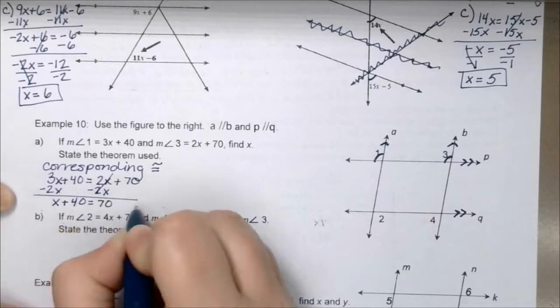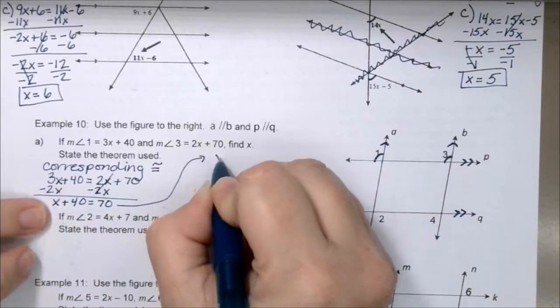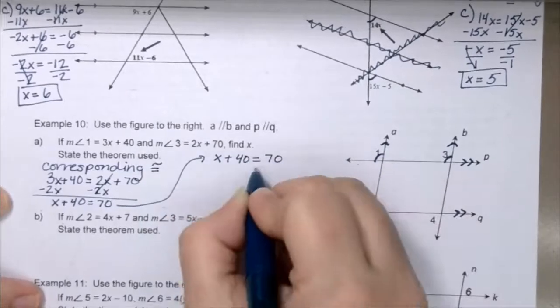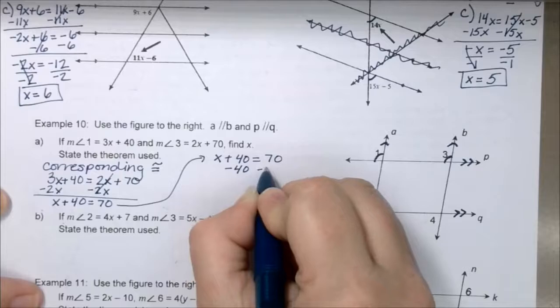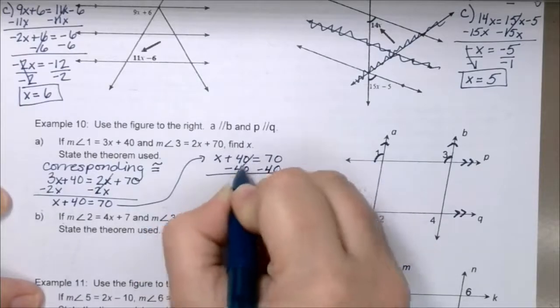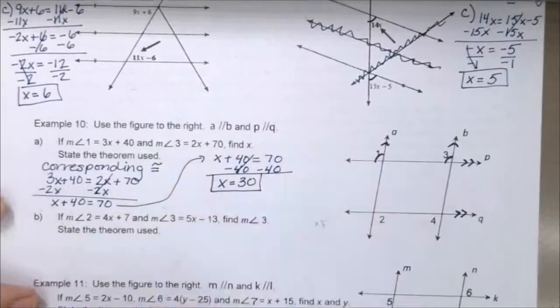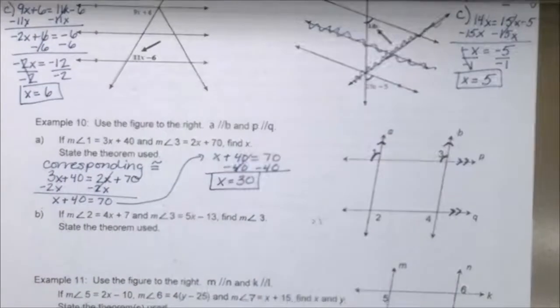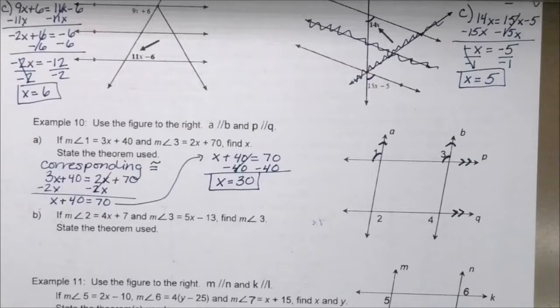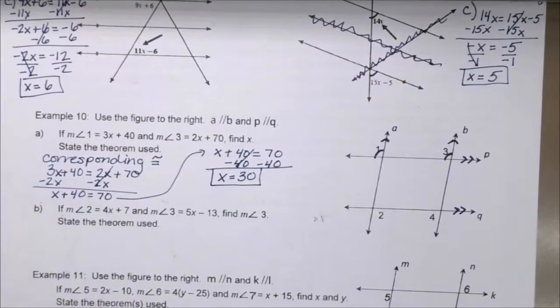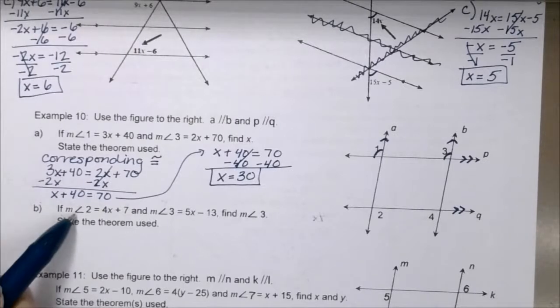All right, number 11. Same type of diagram, different angles labeled. We still have parallel lines there, and we have parallel lines here. If angle 5, angle 6, and angle 7, so similar idea, they're giving me these three right here. Okay, so can I set, well, I know 5 and 6 are congruent, right?